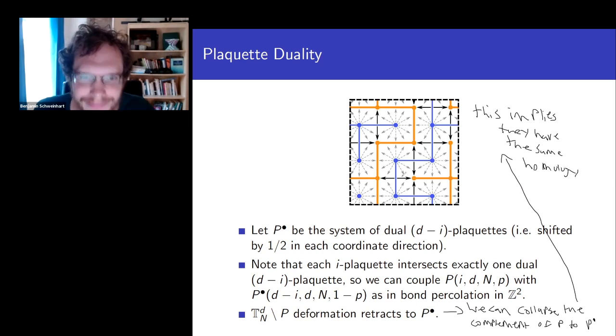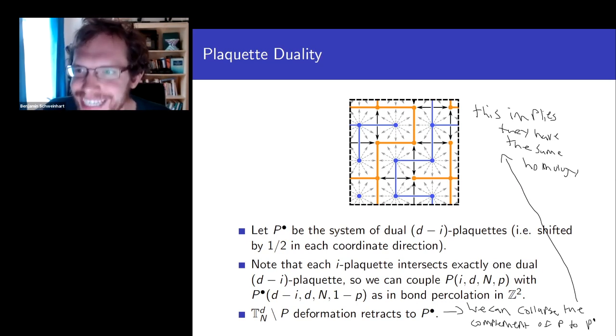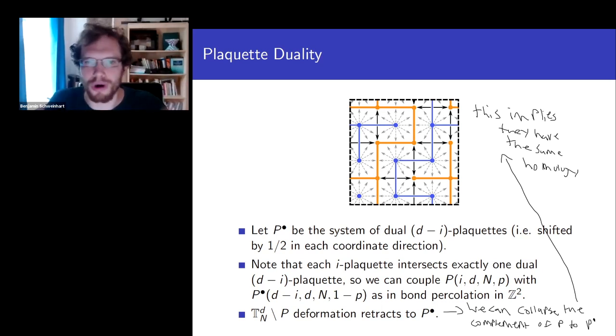So in this picture here, I'm proud of making this picture. It took me a while to make this. You can see here that our system P is the blue bonds, right? And our dual system is orange. And what we can do here is if we remove the blue system from the torus, you can collapse everything else in the torus to the orange system along the arrows. And you actually do that in 2 steps.